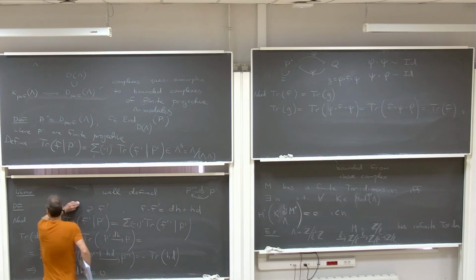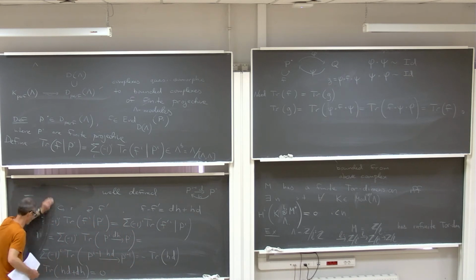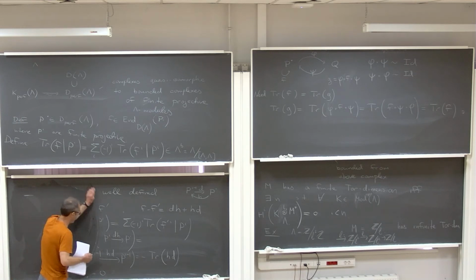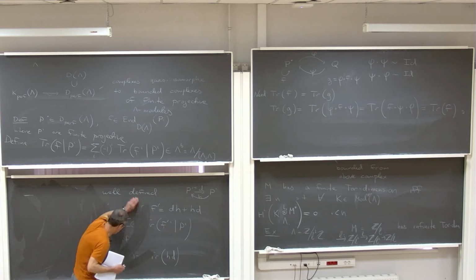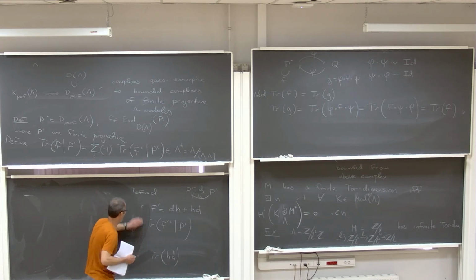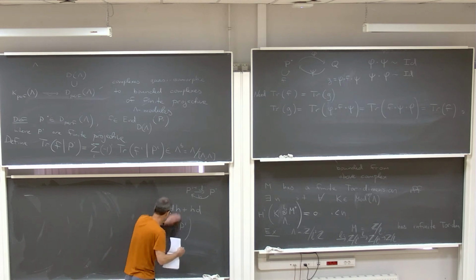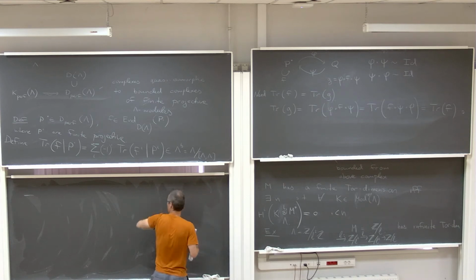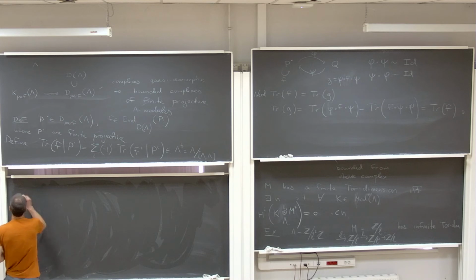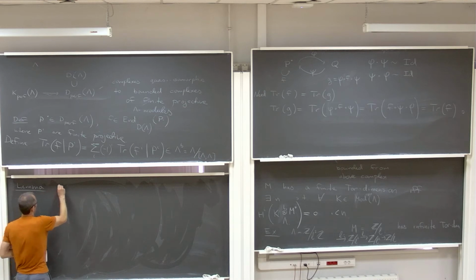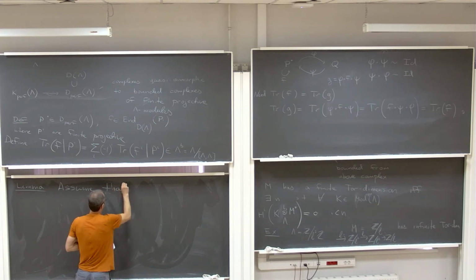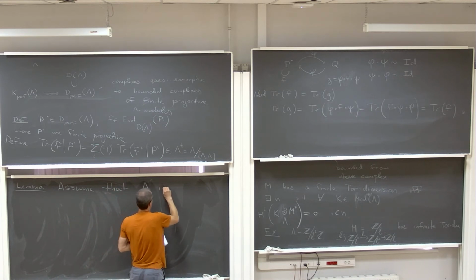So this is a strong condition. And so here is the promised characterization. So lemma, assume that lambda is Noetherian.